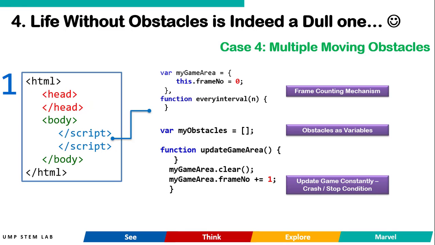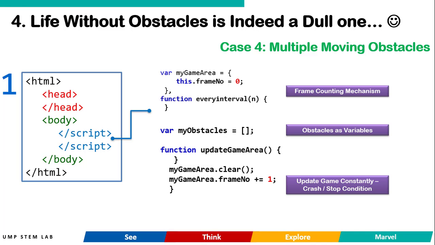Also, we could increase the challenge by multiplying the obstacles. For that, we need a property for counting frames and a method for executing something at a given frame rate. The everyinterval function returns true if the current frame number corresponds with the given interval.